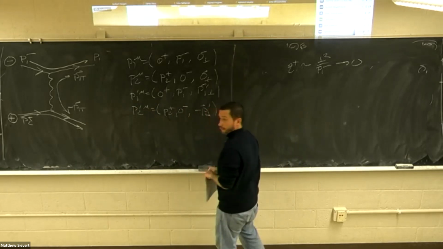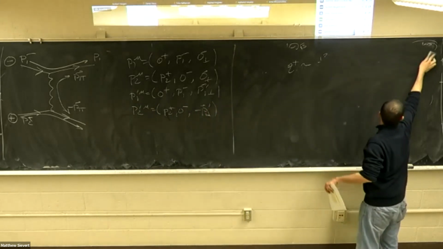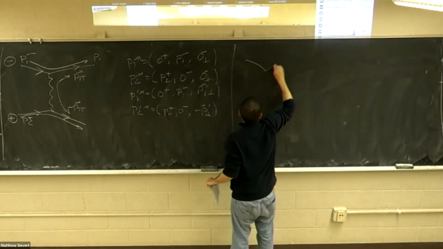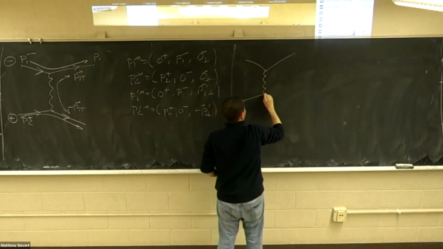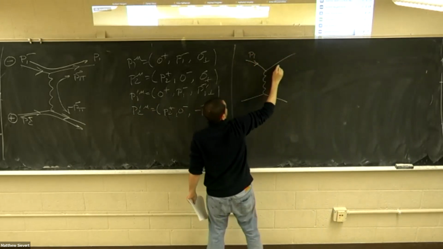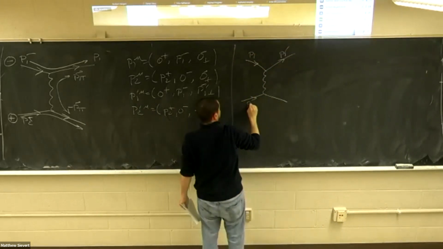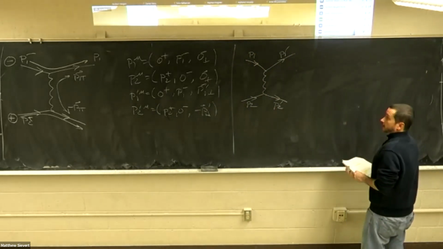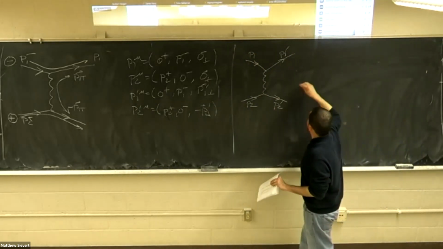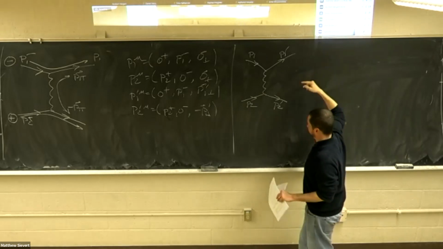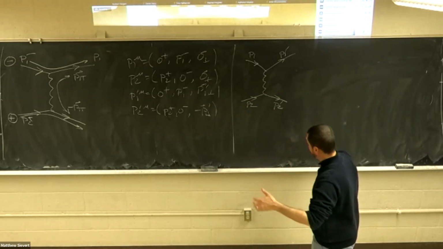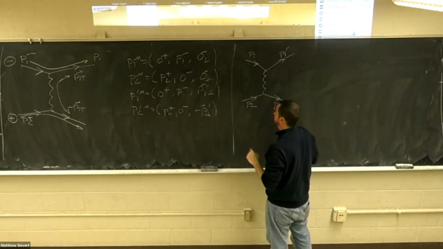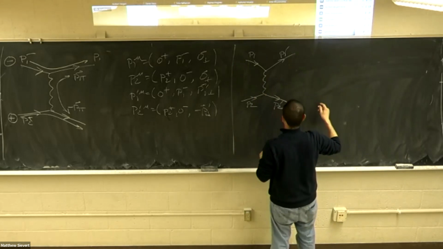The amplitude we get from the Feynman rules. So I had P1, P1 prime, P2, P2 prime. So let's see, if I follow the Feynman rules, the way that I normally implement it is that I start at the end of the fermion line and I work backwards, reading the Feynman rules as I go.